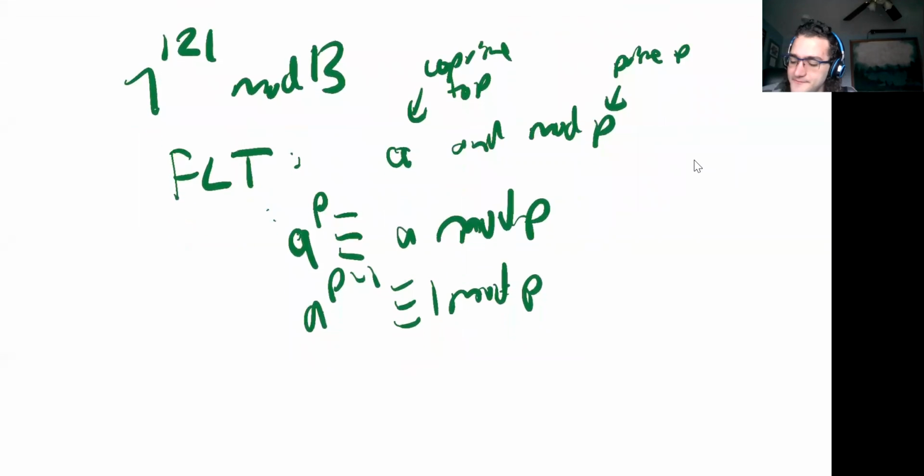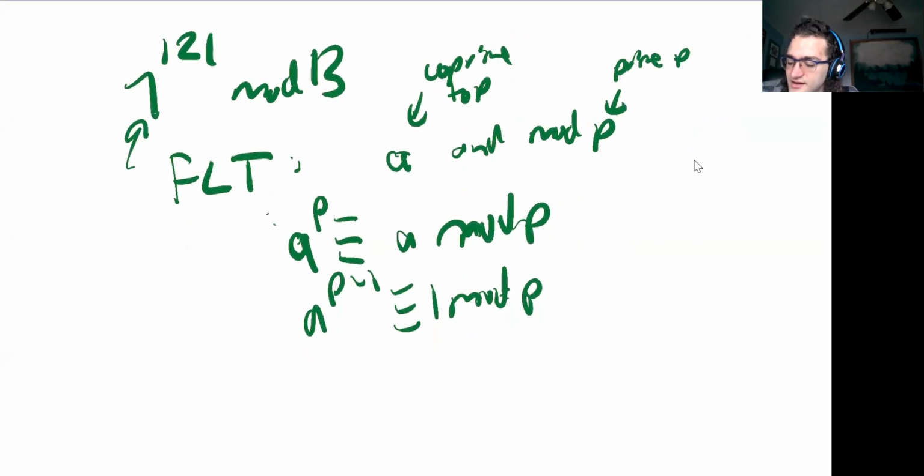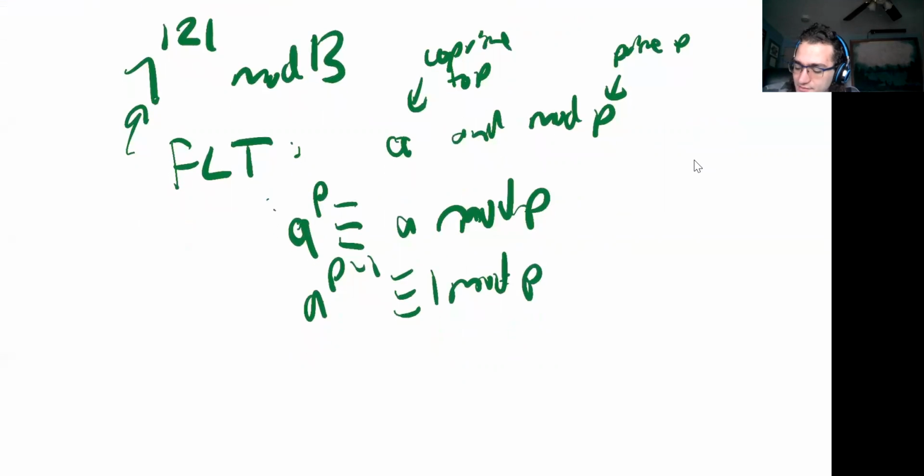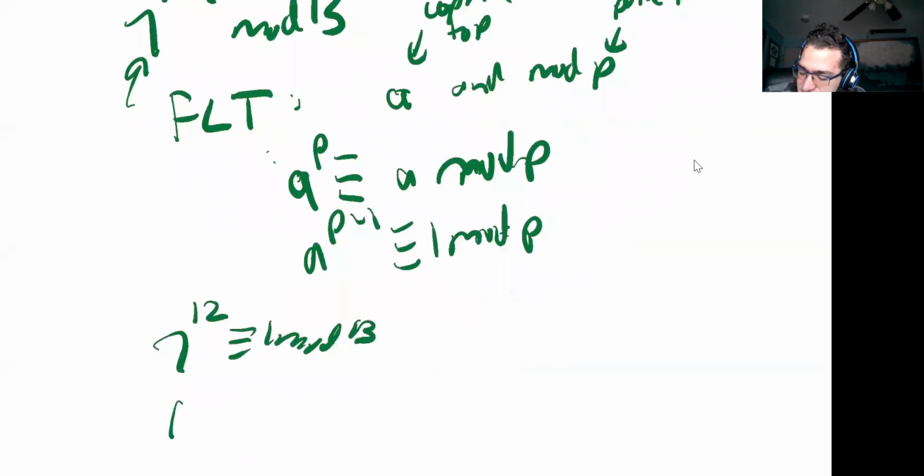It doesn't really matter what A is as long as it is not a multiple of 13. So I know that 7 to the 12 is equivalent to 1 mod 13. I also know that 6 to the 12 is equivalent to 1 mod 13 because 12 is 13 minus 1.